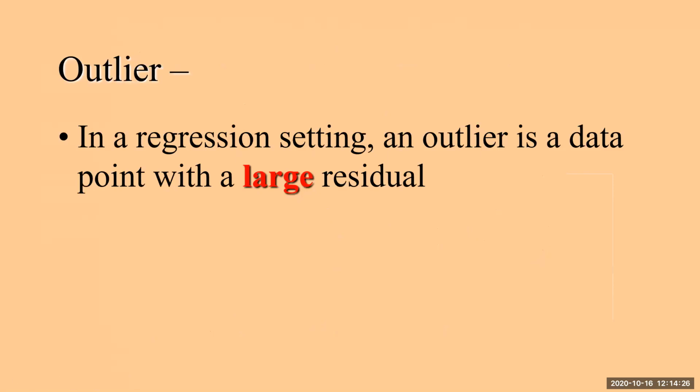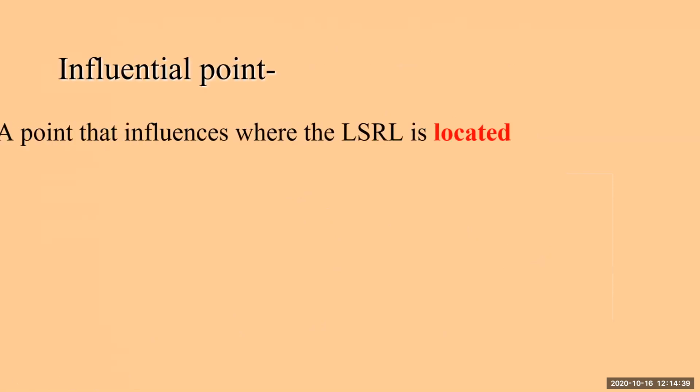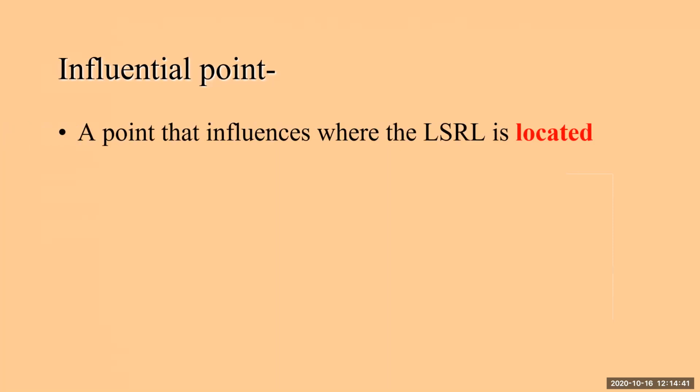So outliers, okay, in a regression setting, an outlier is a data point with a large residual. A large residual means the distance from the predicted amount is very large. An influential point, by definition, is a point that influences where the least squares regression line is located.